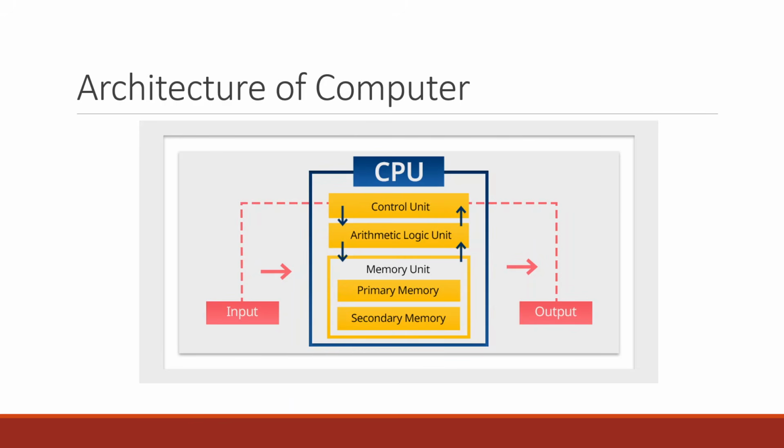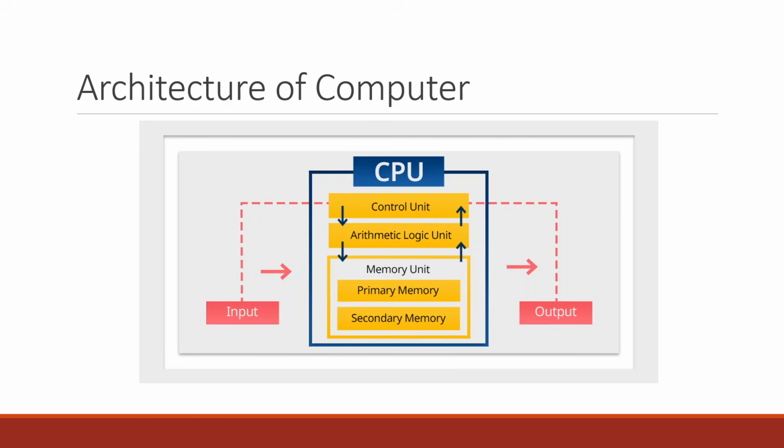Here, this is the block diagram of the computer, or architecture of the computer. The computer system will read the data through the input devices, and those data will be passed to the CPU. So the middle part is considered as the CPU, and within that CPU, we have some blocks here.